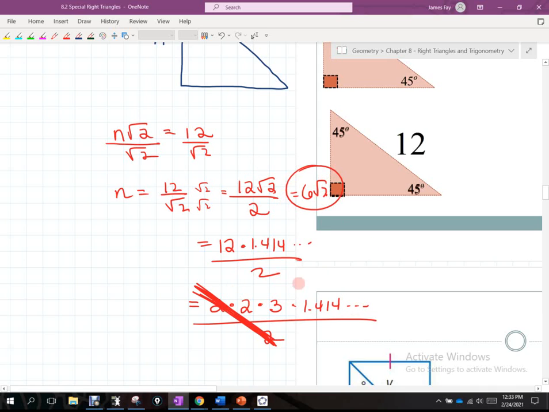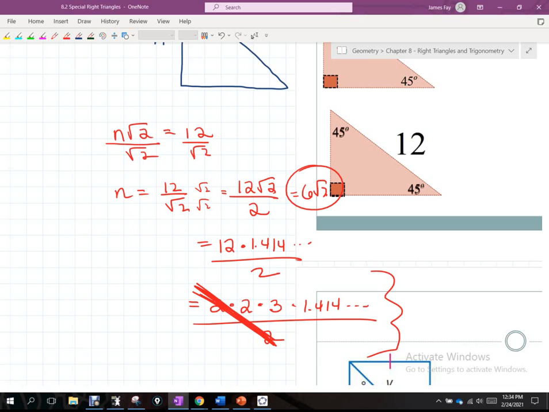And the reason I'm doing this stuff down here, okay, is to demonstrate that even though when I look at the 12 radical 2 and the 2 on the bottom, if I disregard this radical symbol, they all share a common factor of 2, right? But that radical is a symbol for a different number.